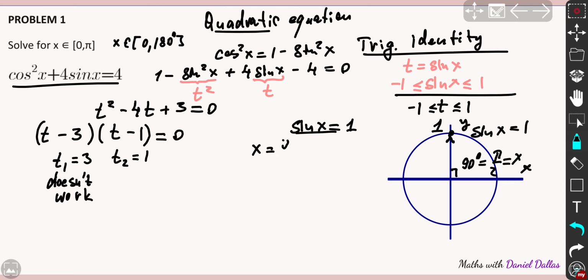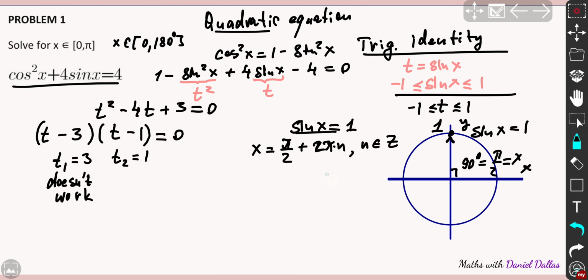But in general, we know that sine x is a periodic function with a period of 2 pi. So it repeats its value when we add 2 pi times n, because we can take several rounds, where n is from Z, meaning whole numbers, positive or negative.